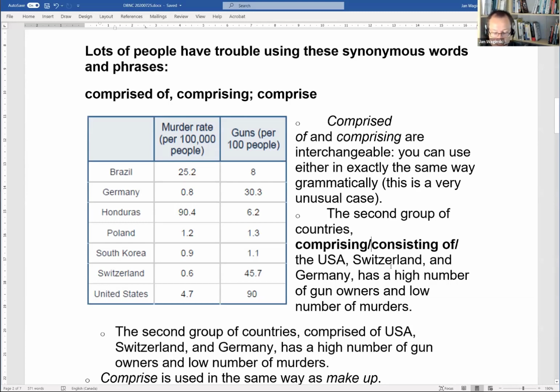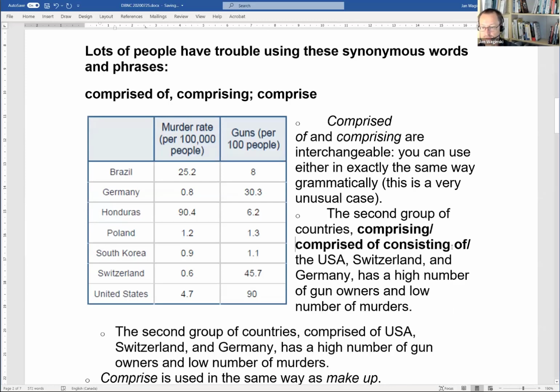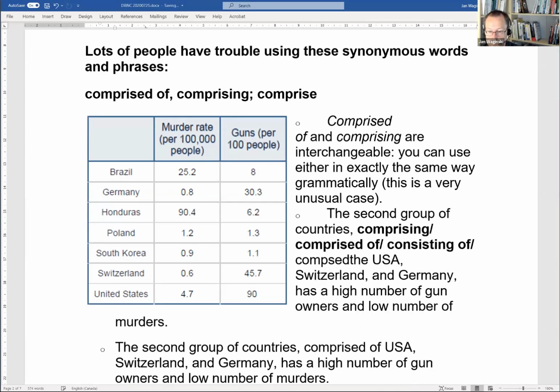Okay, so if you're using comprising, you can also use comprised of. I'm just going to put spaces here so it all fits. Comprising or comprised of? Composed of would work too. What else?